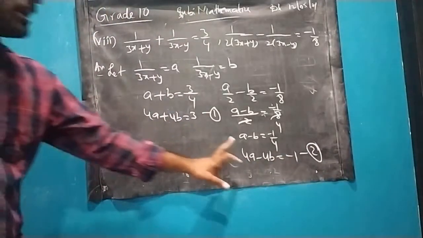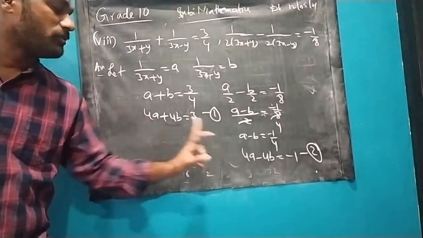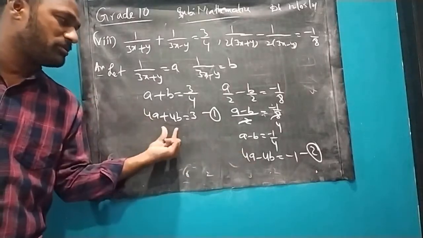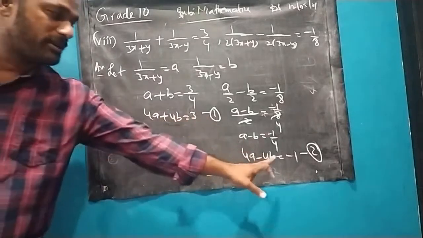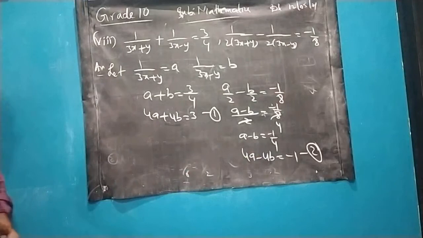Observing first and second equation, here plus 4b is there, minus 4b is there. So while doing the elimination method, without multiplying first equation with some number or second equation with some number, no need of doing anything. Directly it is looking for us plus 4b and minus 4b. Directly we can add these two equations.